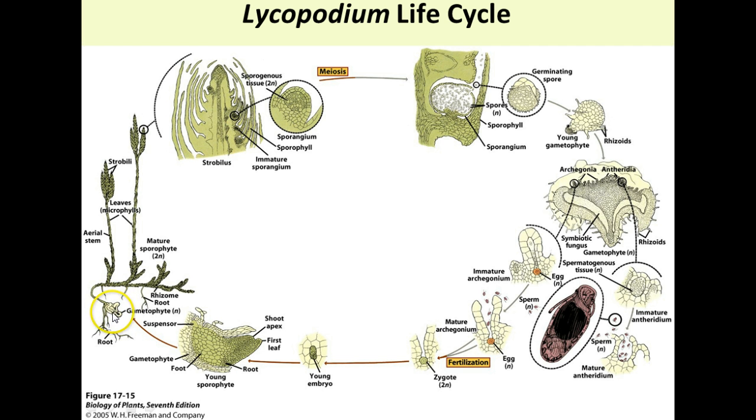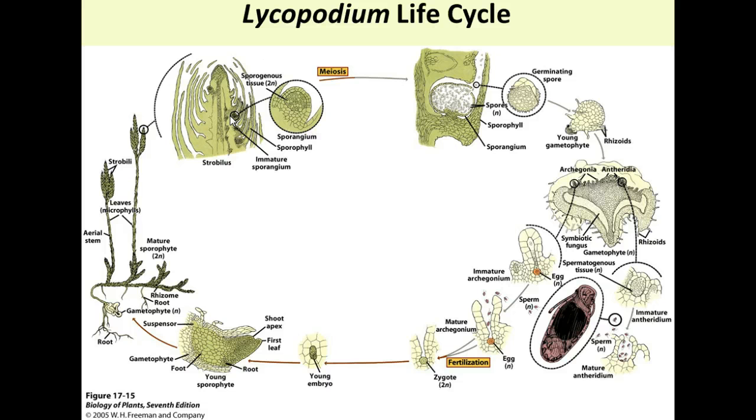The gametophyte stays there, but you're going to have this really interesting rhizome structure and adventitious roots that are going to produce multiple stalks per gametophyte. So here we have tiny leaves or microphylls and what's called an aerial stem with strobili coming off the top, and within those strobili again you have the sporangium, which is going to produce the spores via meiosis.